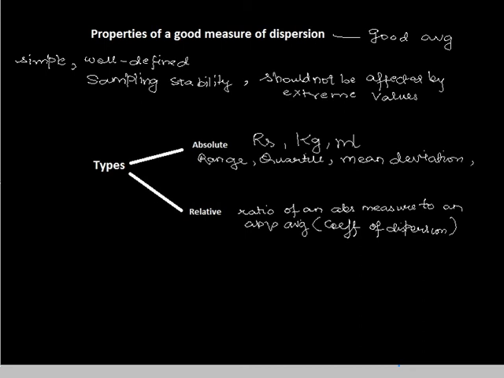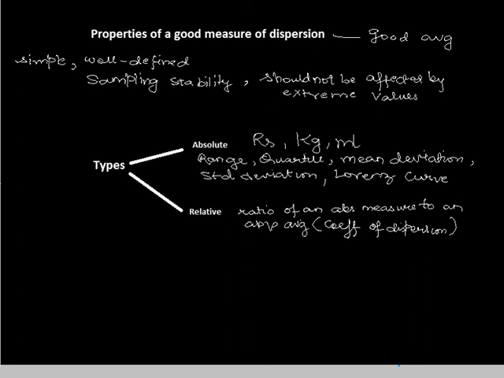Now, very important, standard deviation is there, and you also have a graphical representation of it, which is known as the Lorenz curve. These are all absolute measures. What about the relative measures?